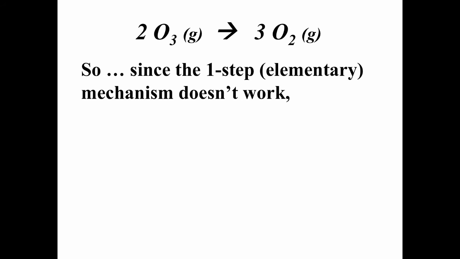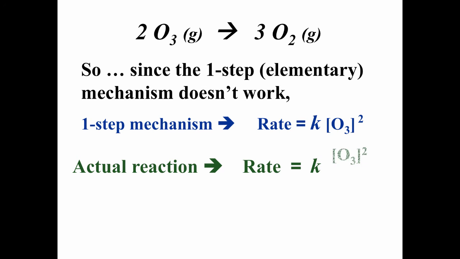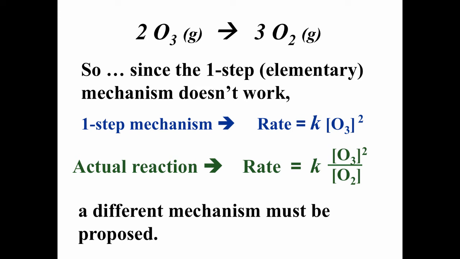All right, so here is the reaction. The elementary one-step mechanism doesn't give us the right rate law, so that can't be what happens. So we have to propose a new mechanism that gives us the correct rate law. Just as a note, proposing mechanisms can be somewhat challenging.